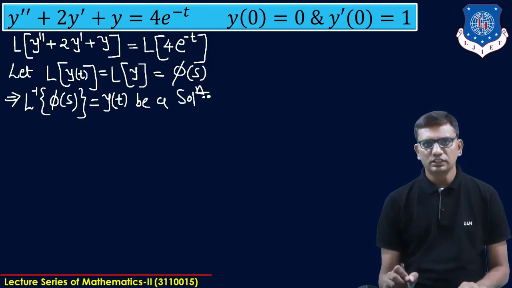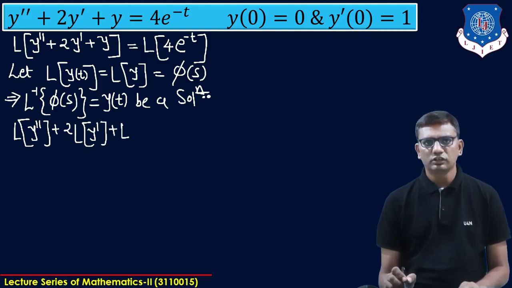Now we will take the Laplace of both sides: Laplace of y double dash plus 2 Laplace of y dash plus Laplace of y equal to Laplace of 4 e raised to minus t.